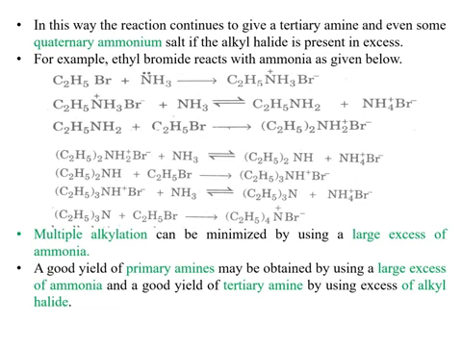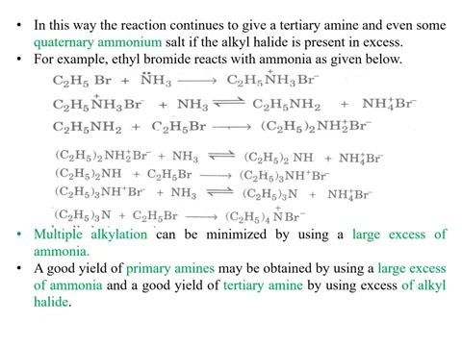If the alkyl halide is present in excess, for example, ethyl bromide reacts with ammonia as in the reactions below. Ethyl bromide will react with ammonia to produce ethyl ammonium bromide.